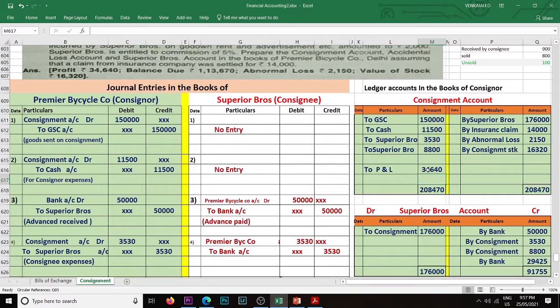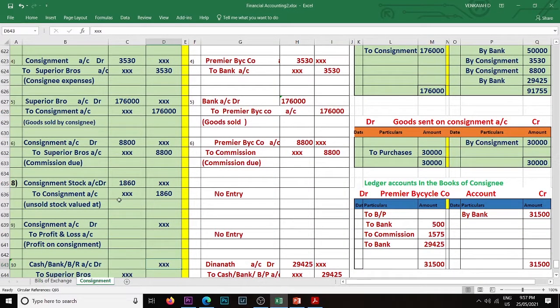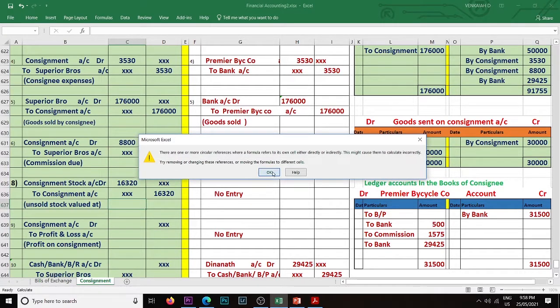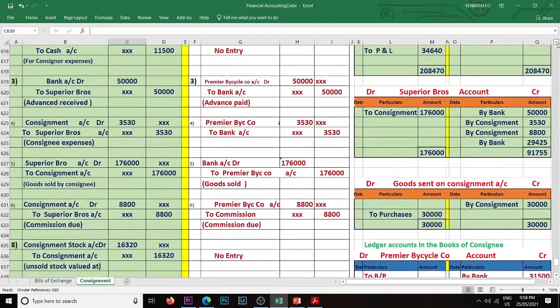Exactly. Same. So we forgot to record unsold stock. Unsold stock entry is 16,320. Okay. Right, students. We completed profit calculation, that is 34,640. Yes, exactly. 34,640.